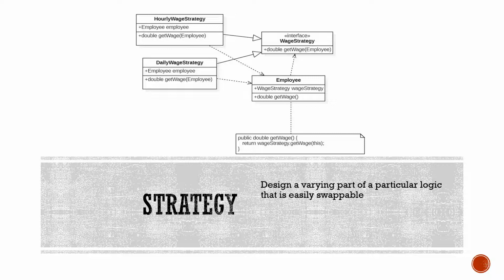So the solution is to encapsulate that logic in multiple classes that implement the same interface. The employee class only depends on the interface, it doesn't know the implementation, and it simply delegates to that strategy object. We can see the get wage function simply delegates to the wage strategy object.